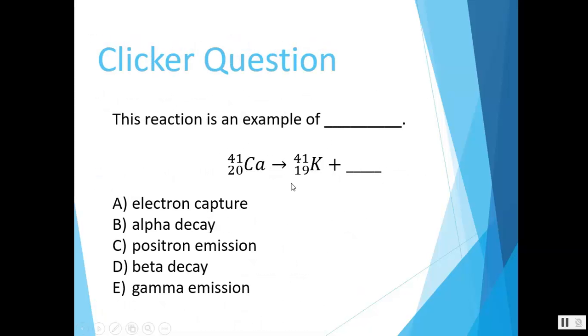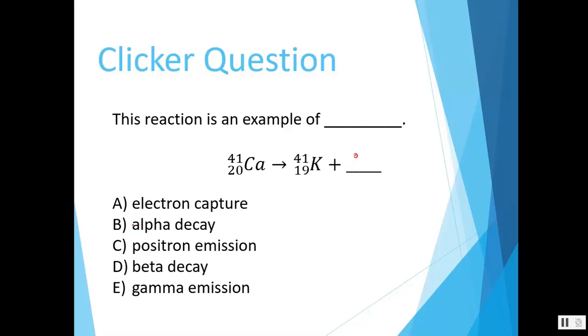So now it's a chance to look at just a template reaction and tell me which type of decay occurs. The trick to this again is that you have to have conservation of your particles. So here our number of subatomic particles doesn't change on the top, which means that the particle that gets emitted is going to have zero mass.